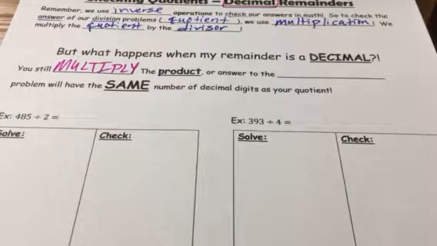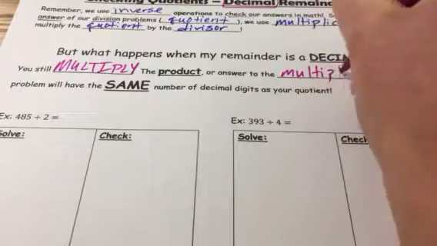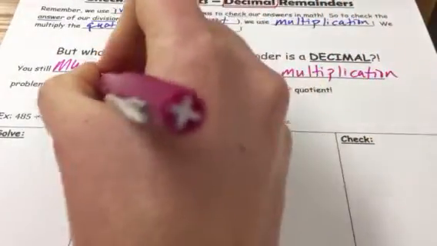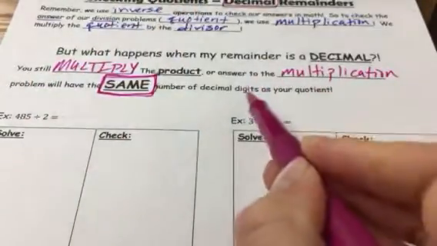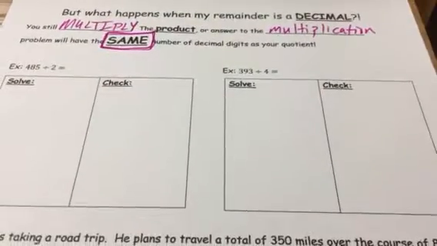The product, or the answer to the multiplication problem after you've done it, needs to have the same number of decimal digits as your quotient. This is super important. And I'll explain that in our first example.